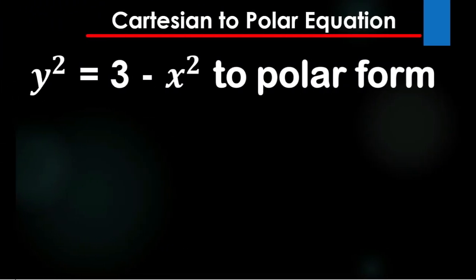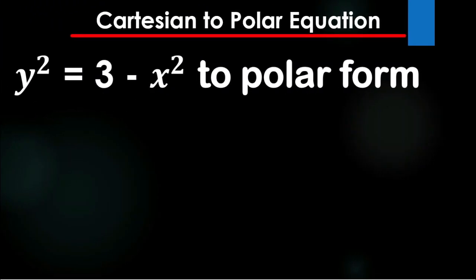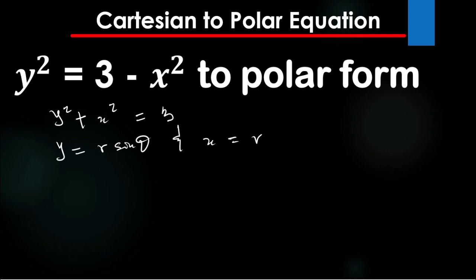The question says I should convert y squared is equal to 3 minus x squared to polar form. First thing I want to do is rearrange so that y squared plus x squared is equal to 3. In converting to polar form, we have defined that y is equal to r sine theta and x is equal to r cos theta.